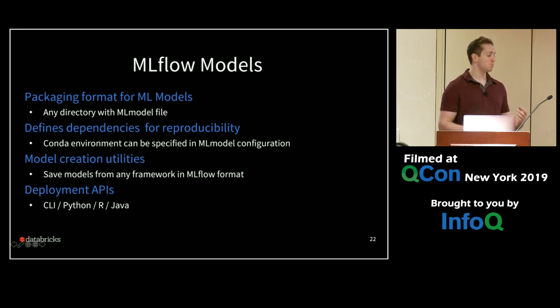Additionally, MLflow provides model creation utilities for serializing models from a variety of popular frameworks in MLflow format. Finally, MLflow introduces deployment APIs for productionizing and deploying any MLflow model to a variety of services. And these APIs are available in Python, Java, R, and via CLI format.